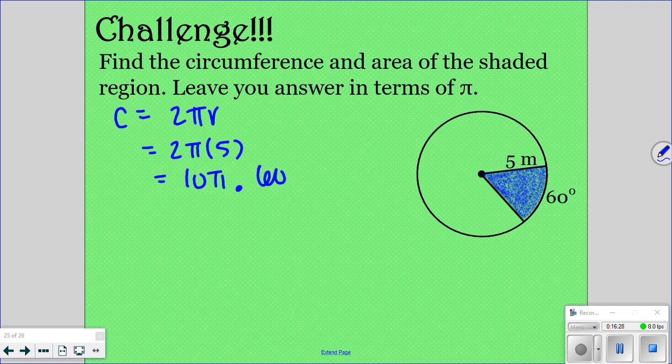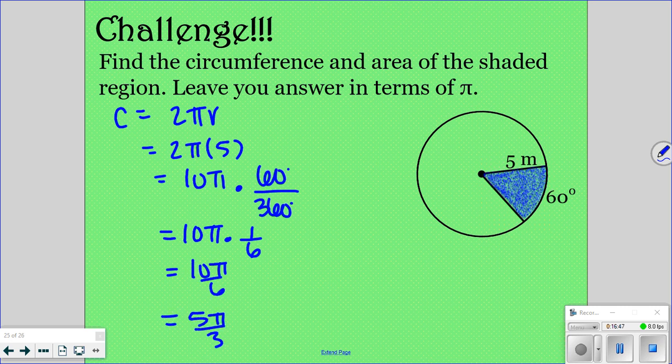We are looking for 60 degrees of it out of a total 360. So if you multiply 10 pi, 60 over 360 is 1/6. So if you multiply that, you get 10 pi over 6, which is 5 pi over 3. So that would be the circumference of the part that we're looking for.